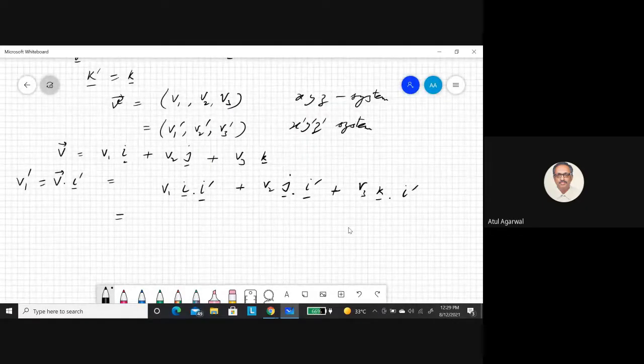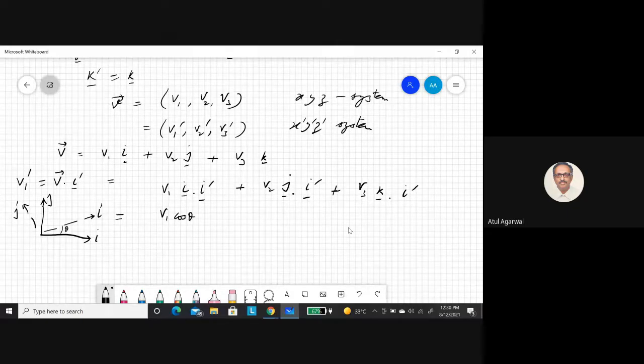So I will again redraw the coordinate system here so that I don't have to go back and see. This is my i, j. This is my i prime, j prime. This is my theta. So i dot i prime is cos theta. j dot i prime is sin theta.